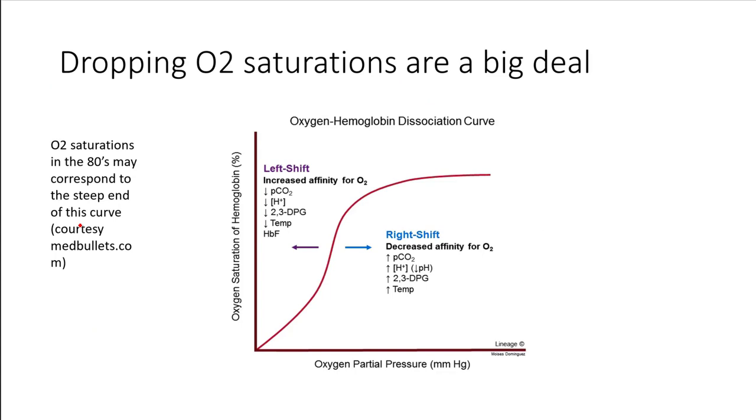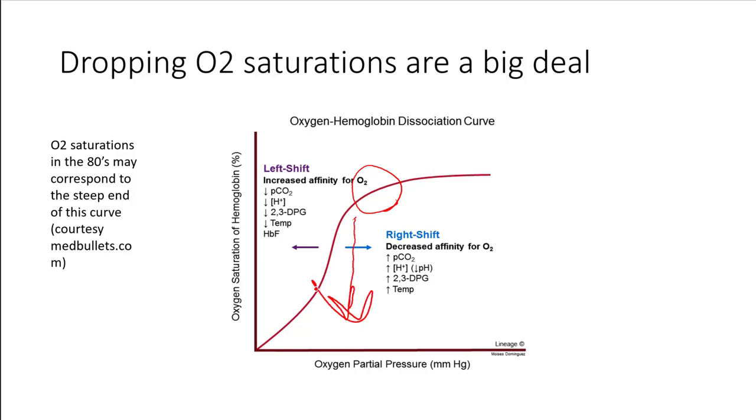The reason why O2 sats are a big deal and why you should take them seriously and be concerned is when someone's SpO2 gets down into the 80s, you might be getting right about here on your oxygen hemoglobin saturation curve, which means once someone goes from 88 downward, they go down very quickly. In fact, that's when they start to really skyrocket downward.